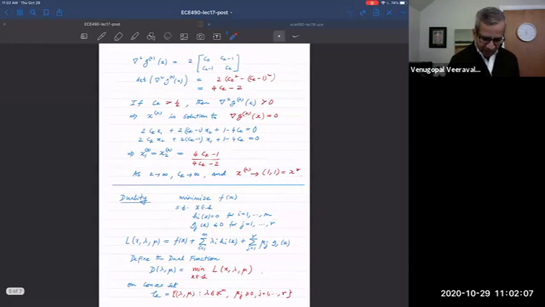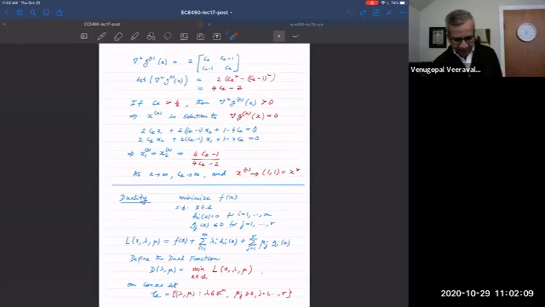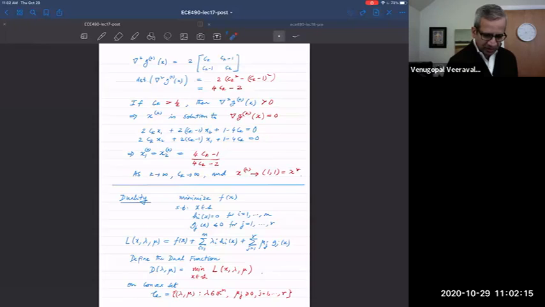And then we started a new topic, which is duality. Basically, this is also called Lagrangian duality, because what you do is you take the Lagrangian function and create a function of the Lagrange parameters by minimizing the Lagrangian function over x to get rid of the dependence on x.